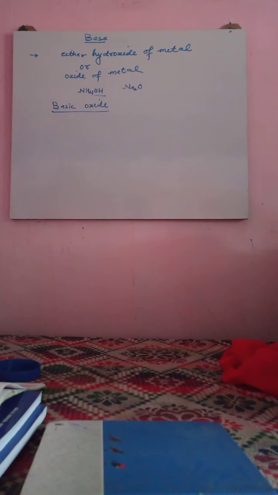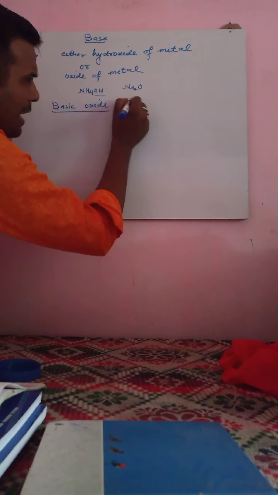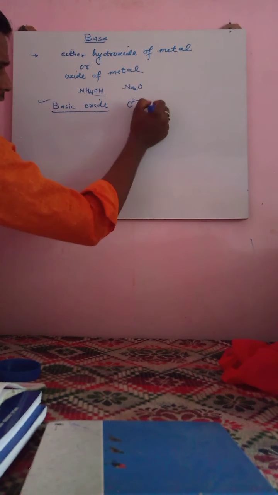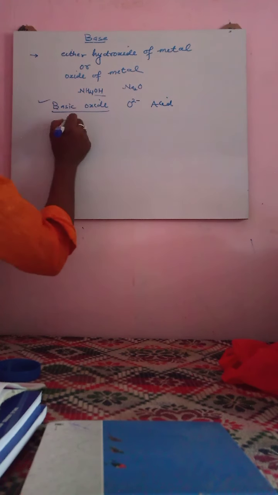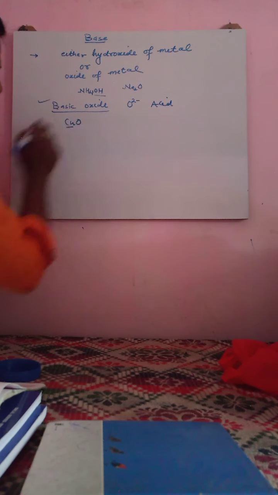Basic oxides are those substances which contain O2- radical. It means a substance containing O di-negative radical is known as basic oxide. They react with acid to produce salt and water. For example, copper oxide. This oxide is a metallic oxide containing O2- radical.